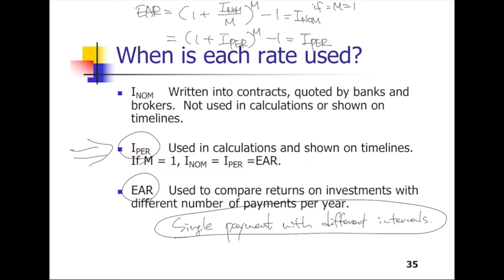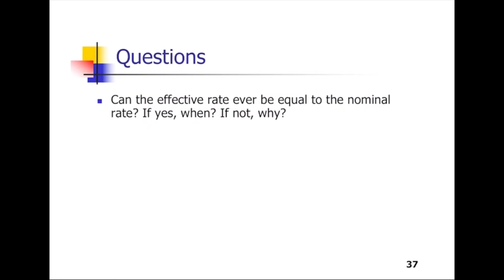What does it mean? M equals 1 means compound annually, right? So the answer is yes, when compounded annually. This is the answer.